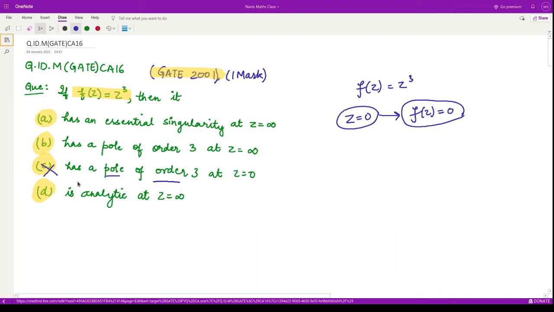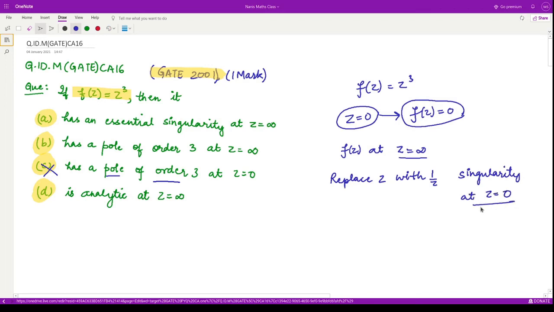Now, in order to check the singularity of the function f(z) when z goes to infinity, what is the criterion? The criterion is that we replace z with 1 by z, and then we check the singularity at the point z equal to 0.